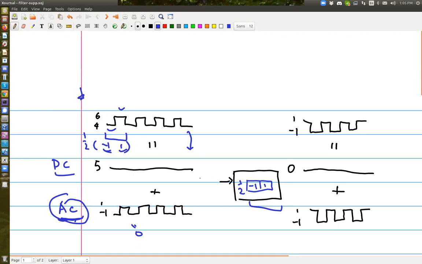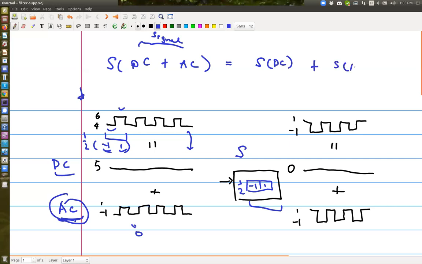But you see that applying this here, let me just say this is S here, on this DC plus this AC component, the original signal decomposed into DC and AC, is the same as applying S on DC and applying it on AC. When we have a system like that, this S here, we call this linear.